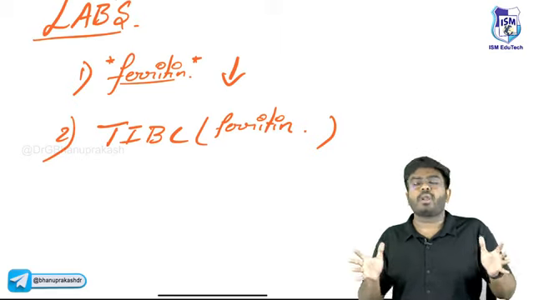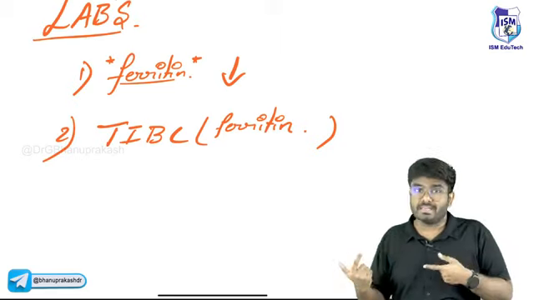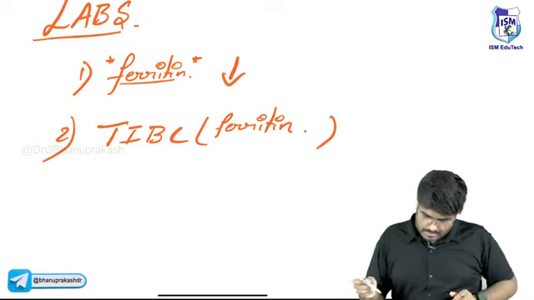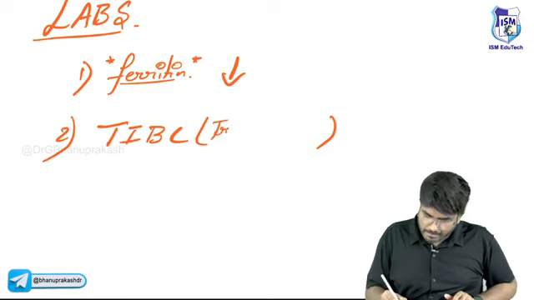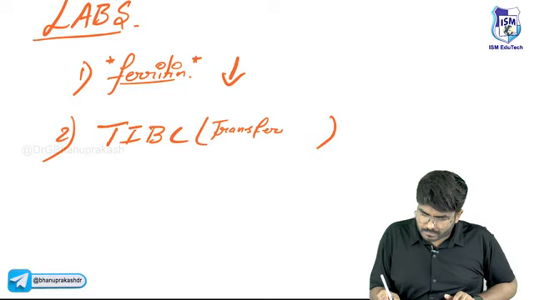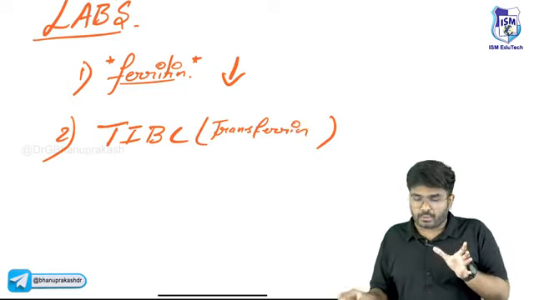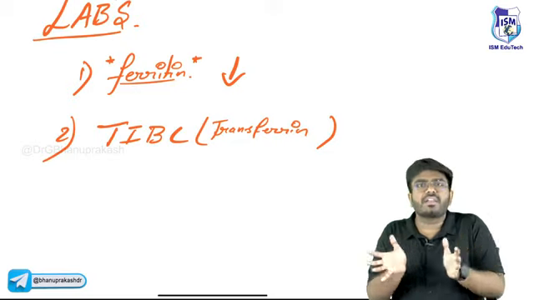So my liver is increasing the number of carriers. Sorry, this TIBC represents transferrin. That's my mistake. So I'm talking about the transferrin. Who is going to bind with the iron? It's the transferrin.